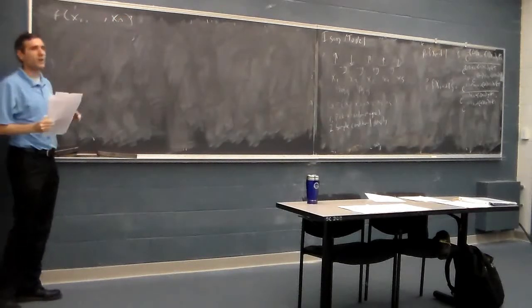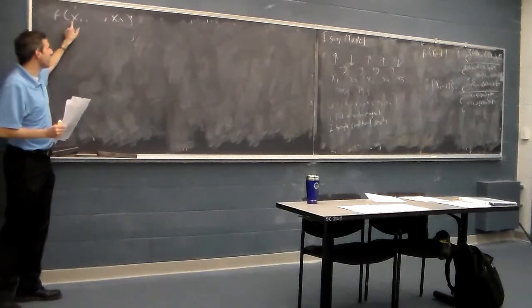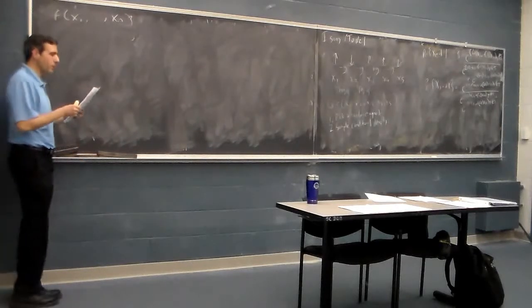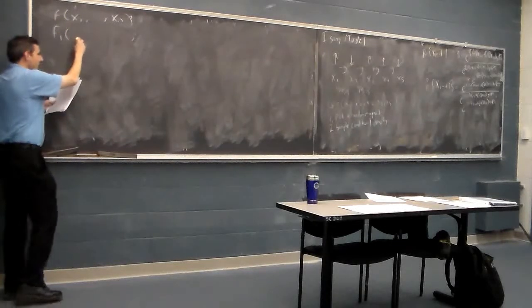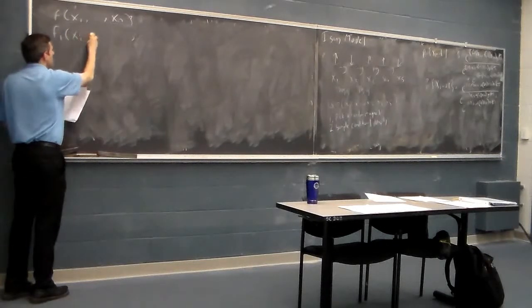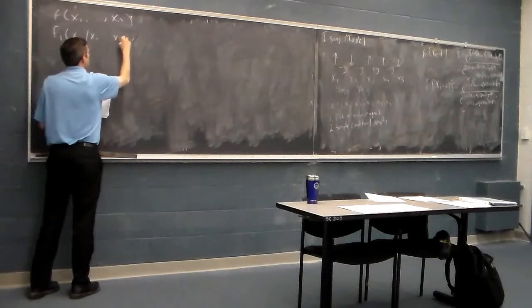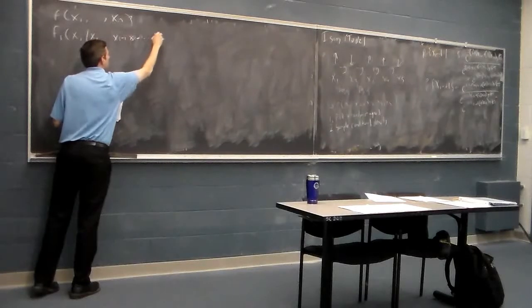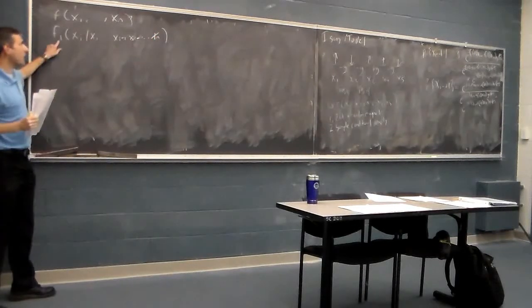So f of x1 to xn is the relative probability of assignments x1 through xn in a set of n variables. And we can define a set of conditional densities. So some fi is the conditional probability of xi given assignments x1 through xi minus 1, xi plus 1, up through xn. So let's say we can compute this for every value i.